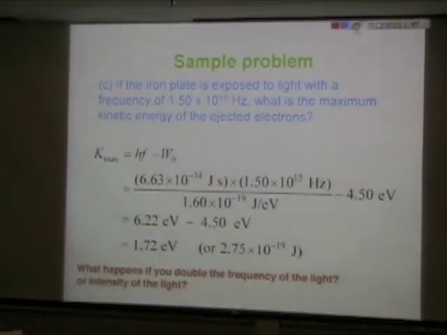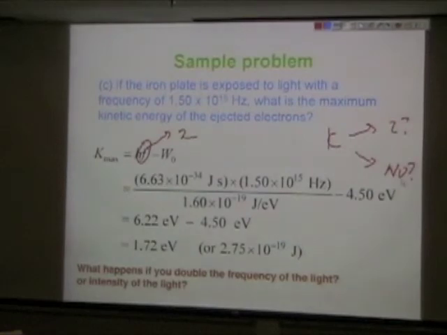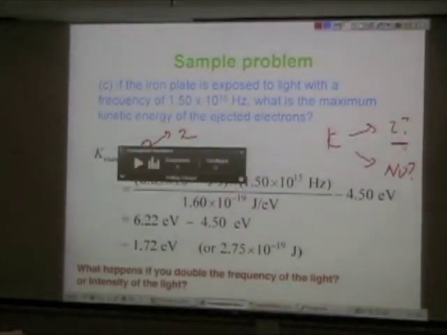Specifically, frequency is doubled. Is kinetic energy doubled or not? If you think it is going to be doubled, your choice is 1. If you think it's not going to be doubled, your choice is 2.